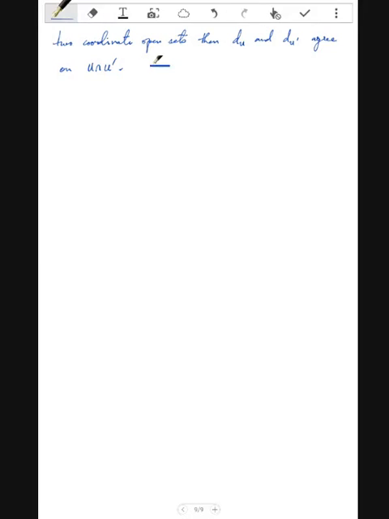Once again, it suffices to check this on a form omega of the type f dx_I.